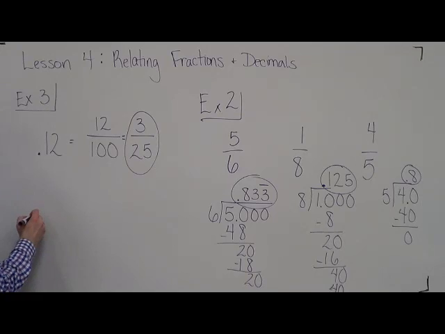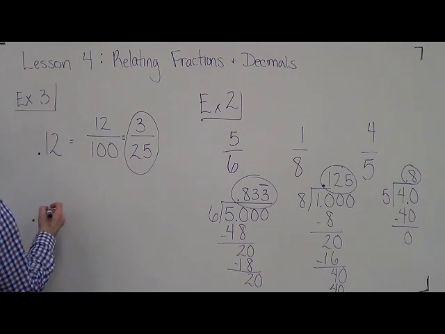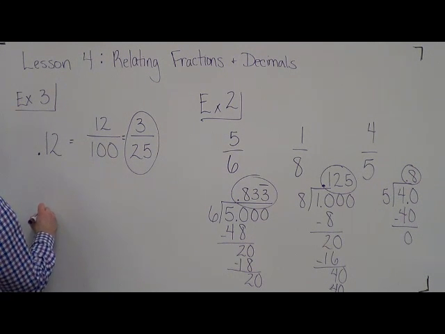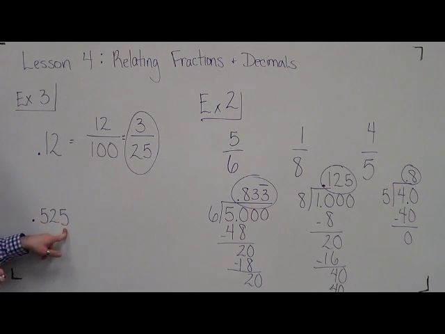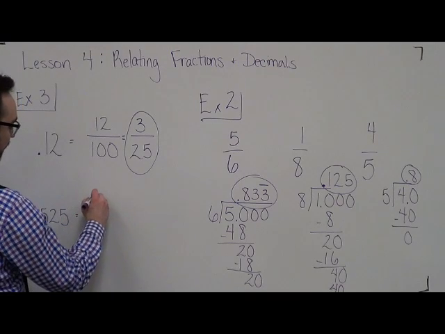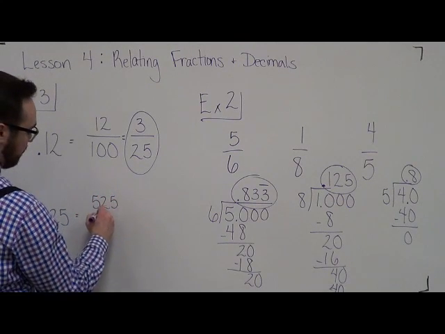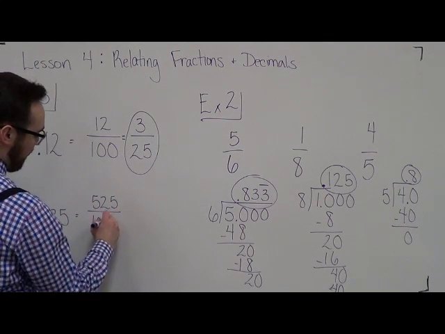So if we do that again, if I were to have, let's say, 0.525, notice it ends, that's 525 thousandths. So when we write that, we'd have 525 over 1,000.